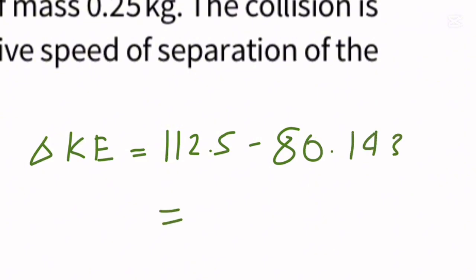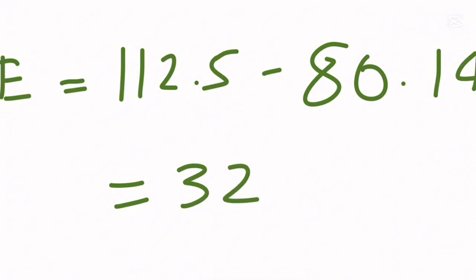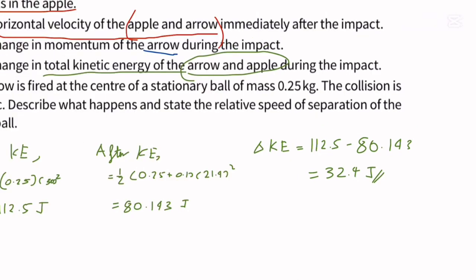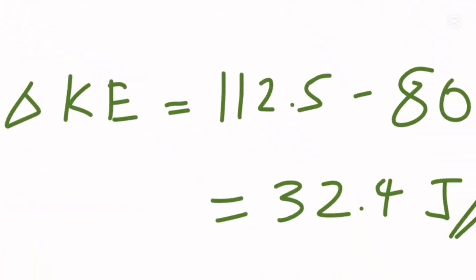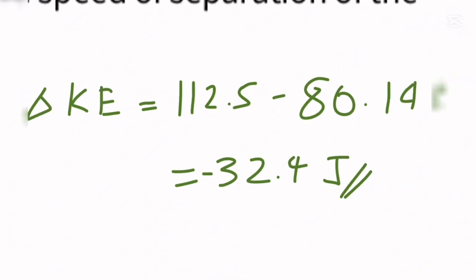So that would get about 32.3 or 32.4 joules of energy. So then that'll be the change in kinetic energy. So you can add the minus sign here because kinetic energy is reduced or lowered.